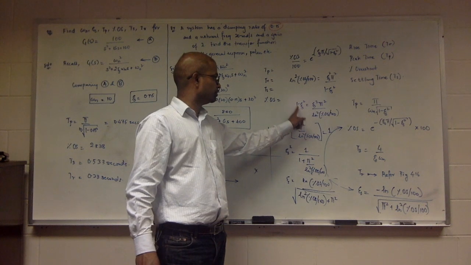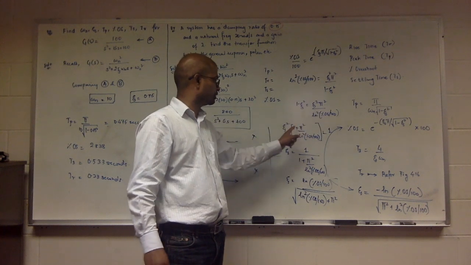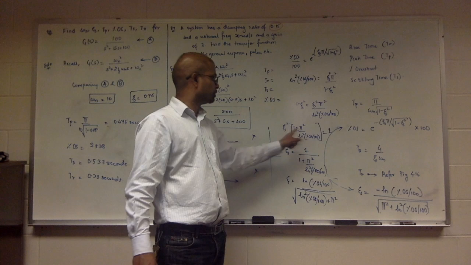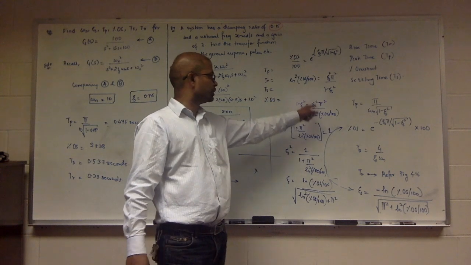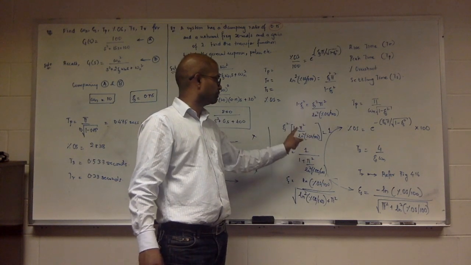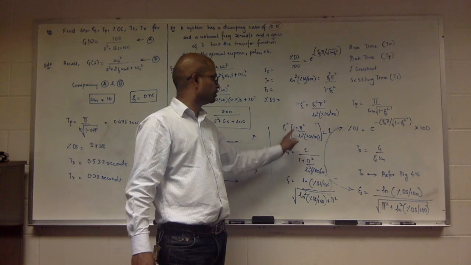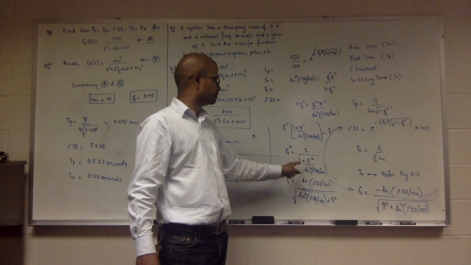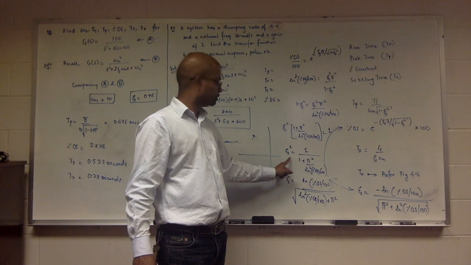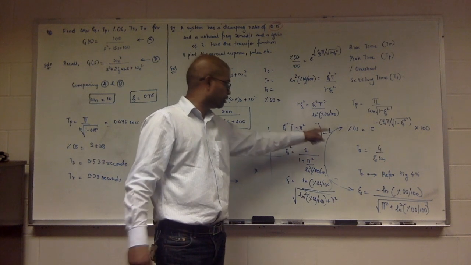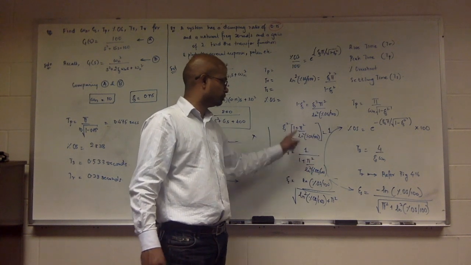So here, this zeta square will go on the other side, okay? If it goes on the other side, it will be zeta square plus zeta square pi square divided by this whole thing. So you just separate out zeta square, 1 plus pi square over this. This whole thing will be 1 divided by this whole thing, right?